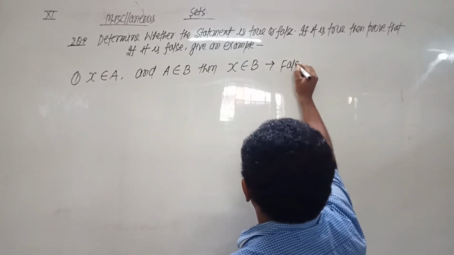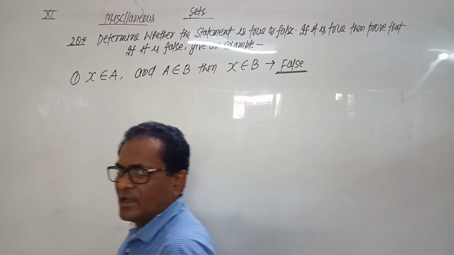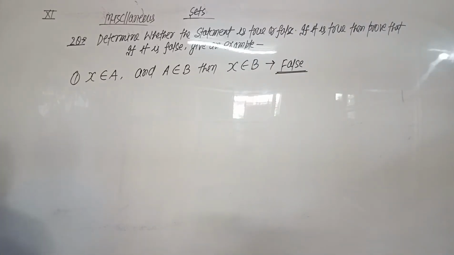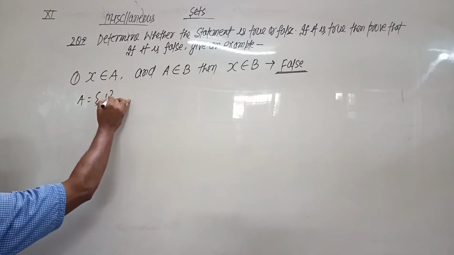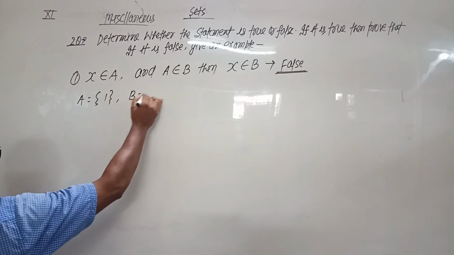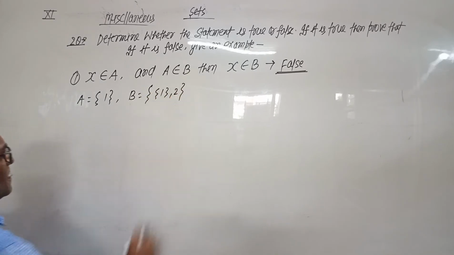Now, if we write that the statement is false, then we will have to give an example of how it is false. So let us see an example. Let set A equal to {1} and set B equal to {1, 2}.